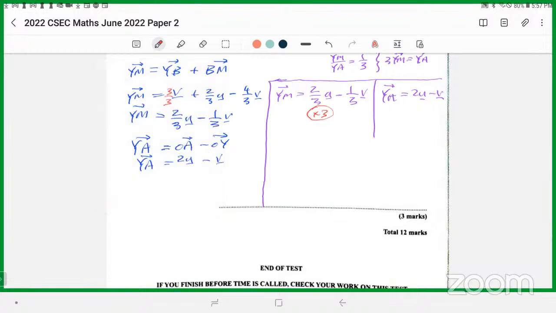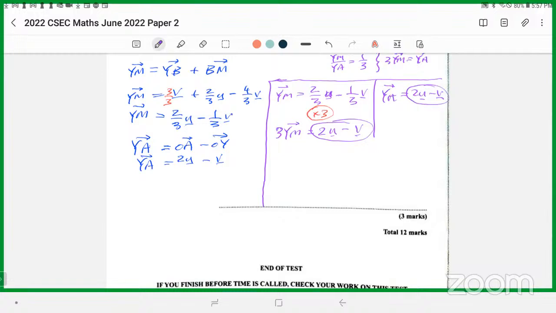So when I multiply by 3, this becomes 3ym. This becomes 2u, this is a u, and this becomes minus v. Multiply by 3, minus v. So if you notice, this and this are already equal.